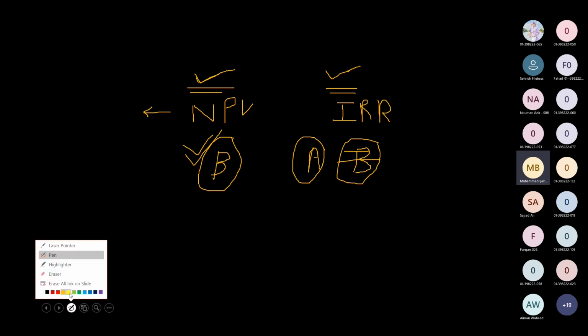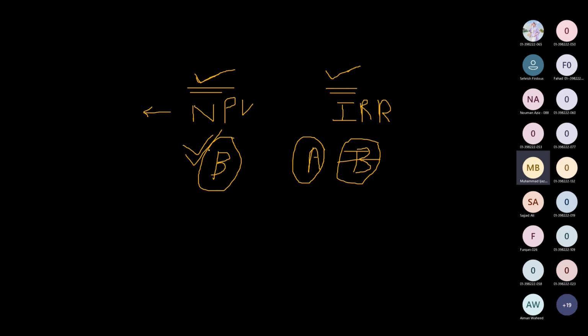Like I'm telling you, most of the time NPV and IRR would recommend the same project. Is this point clear? That means if NPV is recommending that project B is better, if you check the IRR, you'll find that the IRR would also say that B is better. Whether you use NPV or IRR, in both cases you would find that B is a better choice. Is it clear?